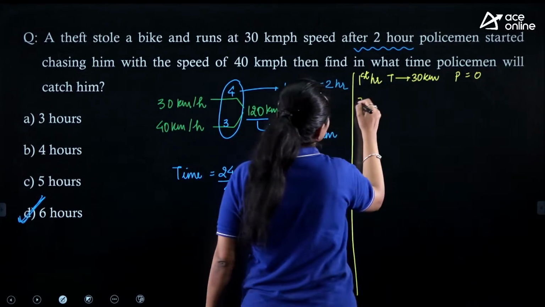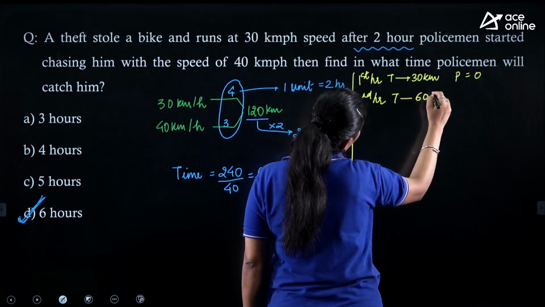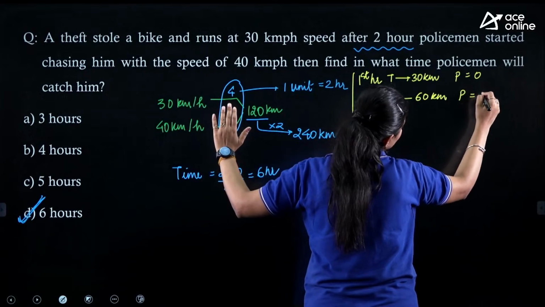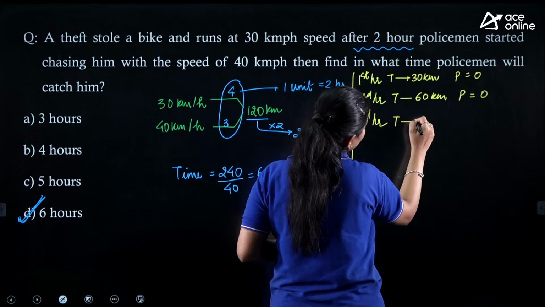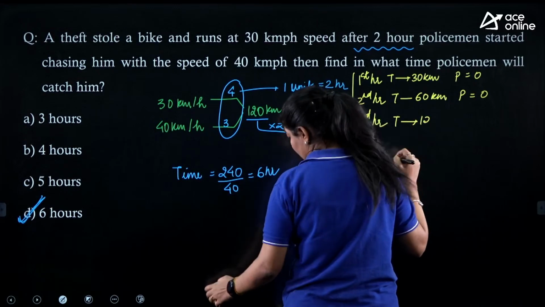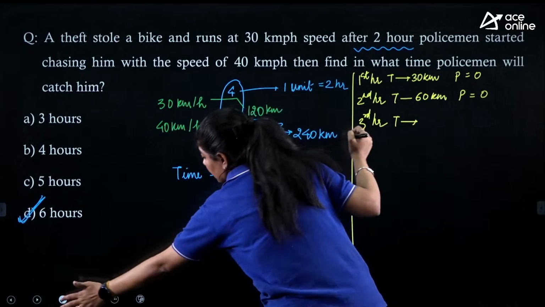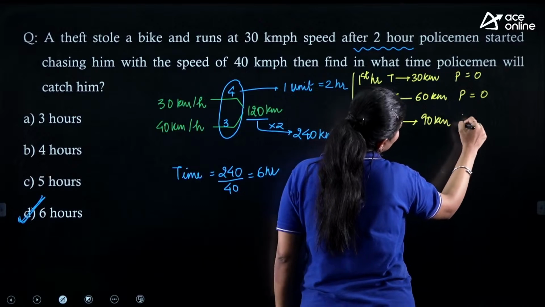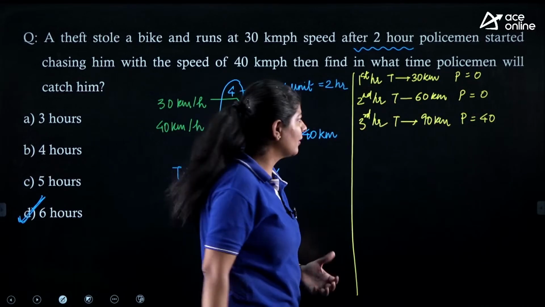In the second hour, thief covers 60 kilometers with a speed of 30 kilometers per hour. Police again 0. In the third hour, thief covered a distance of 90 kilometers, and police now started and he covered a distance of 40 kilometers, right?